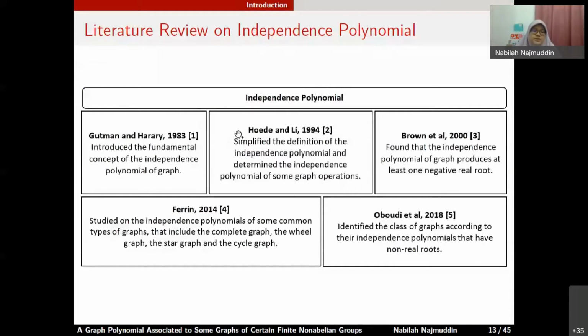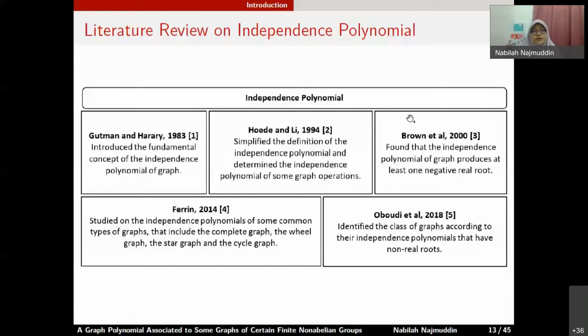However, the concept is actually the same as that introduced by Gutman and Harary, hence I use the simpler definition of the independence polynomial. In this paper also, Hoede and Li determined the independence polynomial for some graph operations, meaning if we have two graphs, operations like the join or union of graphs.